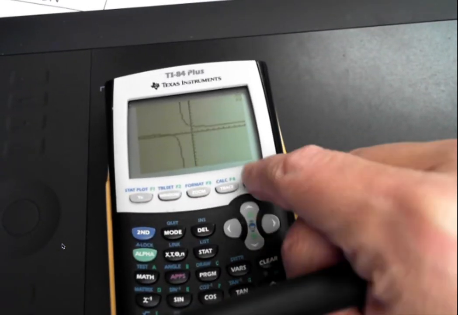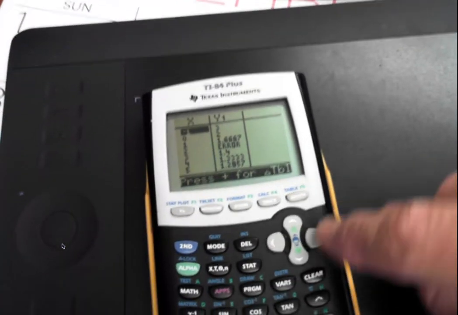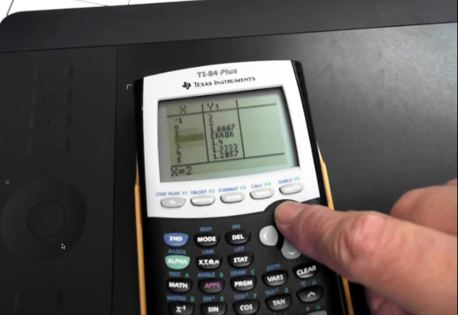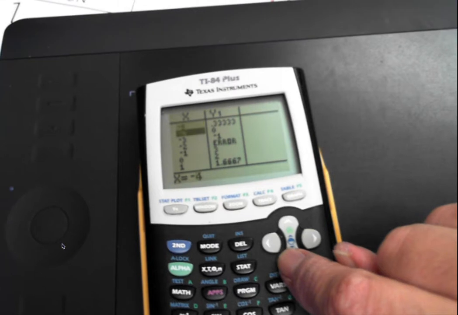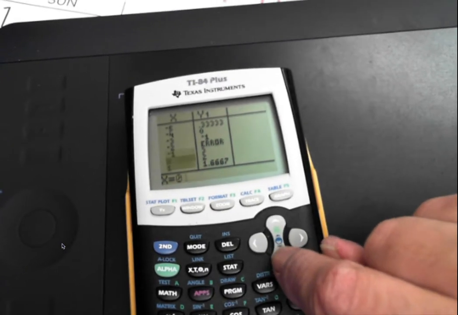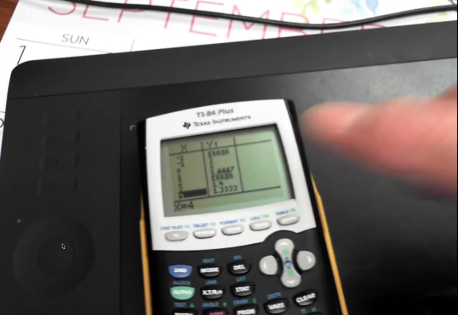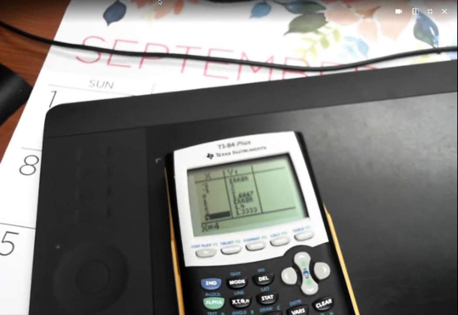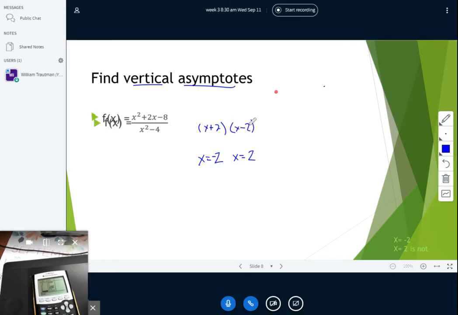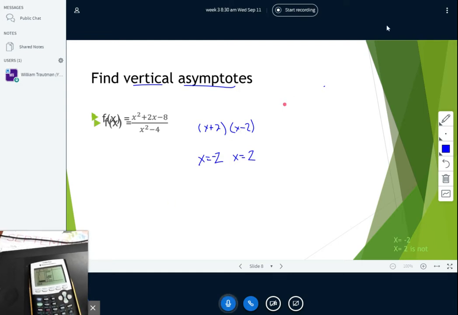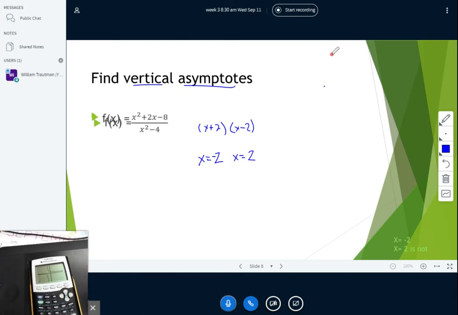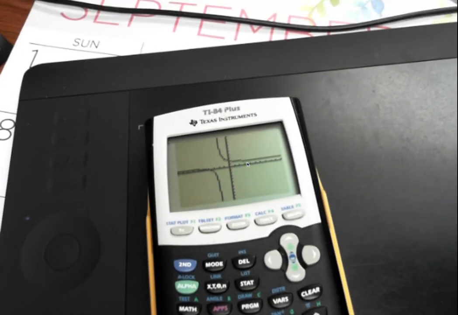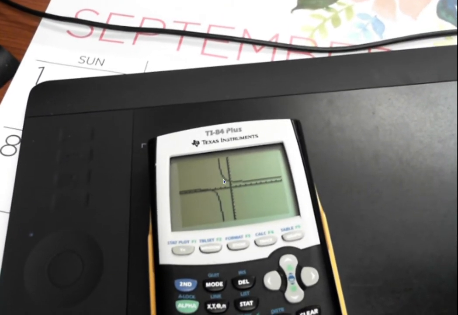Looking at my table, at 2 there's an error, and at -2 there's an error, undefined. So at 2 and -2 it says undefined, but I don't see the +2 asymptote on the graph. I see the -2 asymptote.